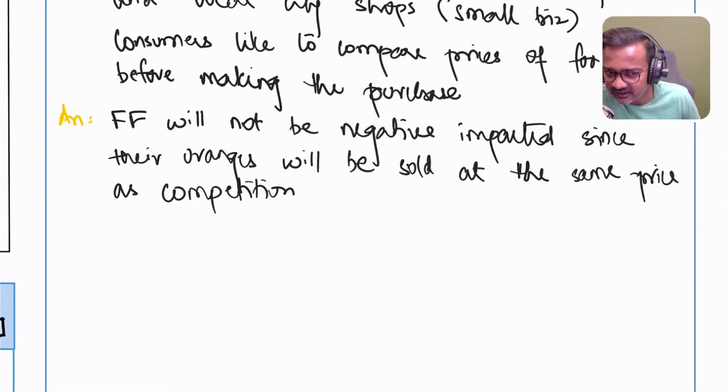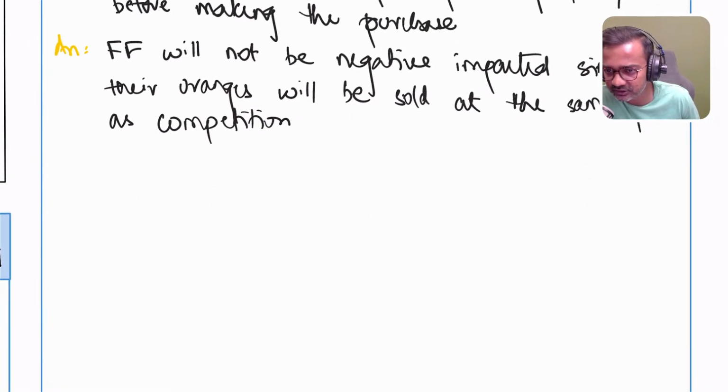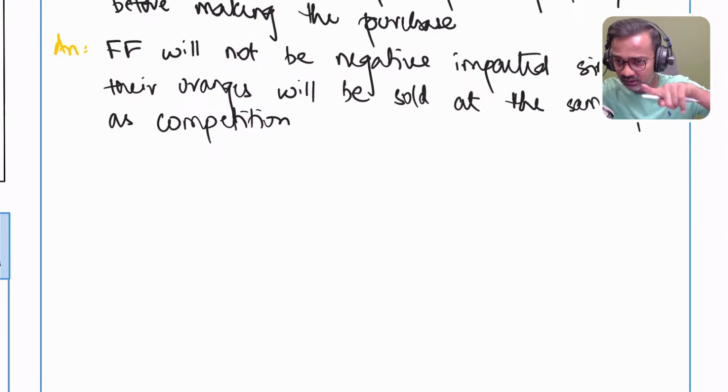It's not really a disadvantage. If the competition increases price, you increase the price. So the consumer does not have to worry about the price.